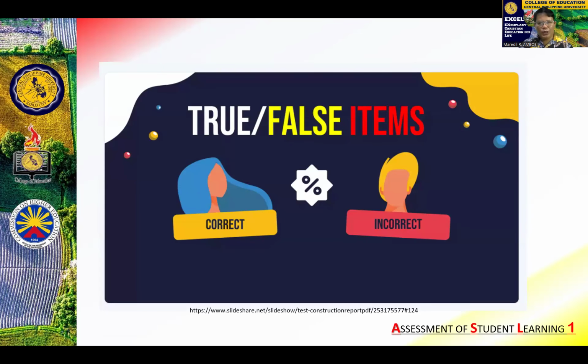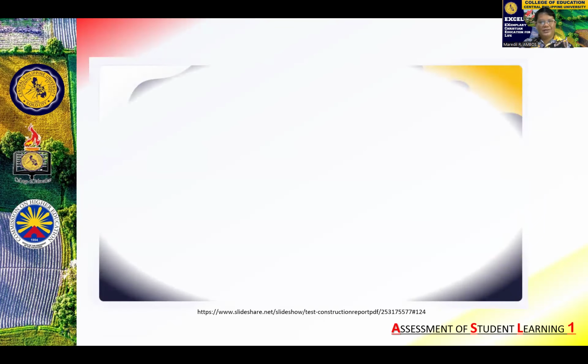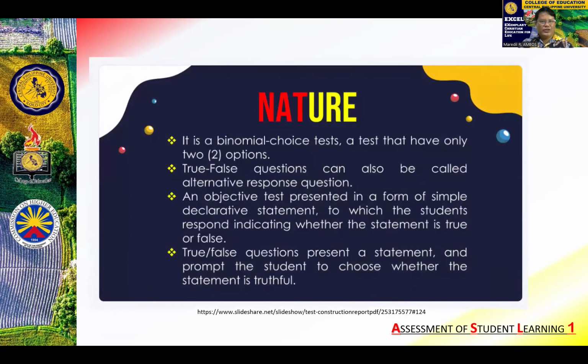There are two answers here that we can have: the correct and the incorrect, or the true and the false. With the nature, it is a binomial choice test, a test that has only two options, either true or false. True false questions can also be called alternative response questions.